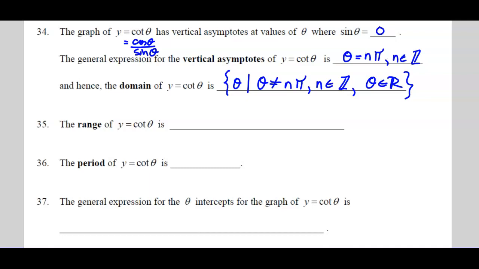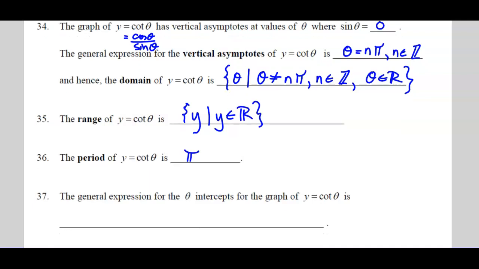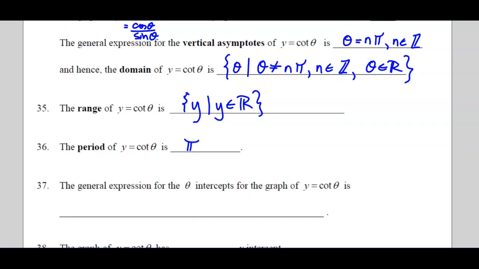Period is the same as tan, pi. And then general expression for the theta intercepts of this, remember, as I said, this is cos theta over sine theta. So we're looking for where cos theta equals 0 to get those intercepts. So that's at pi over 2 plus multiples of pi.